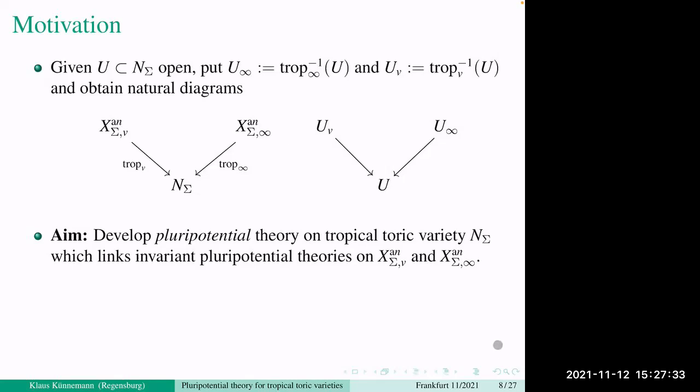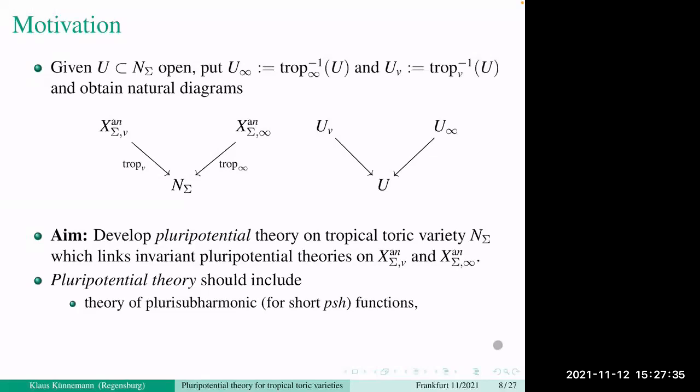And if I talk about pluripotential theory here, what does this mean? There should be a theory of plurisubharmonic functions, which in the following I will just shorten to PSH functions. There should be products for positive (1,1)-currents, so in particular a theory of currents.